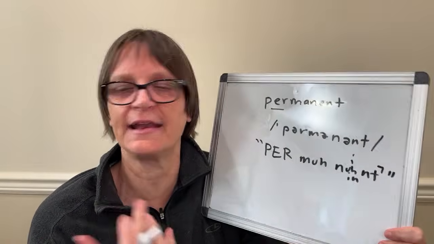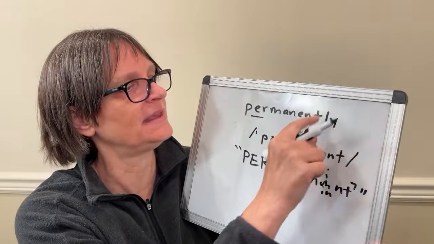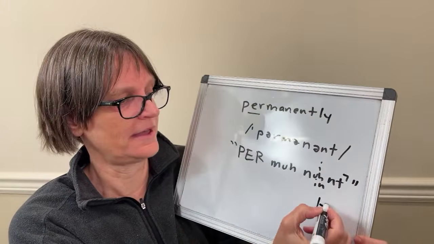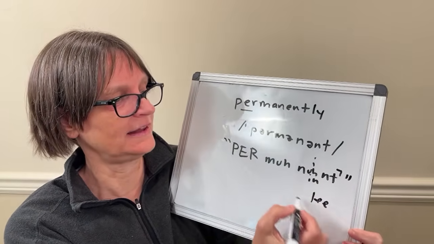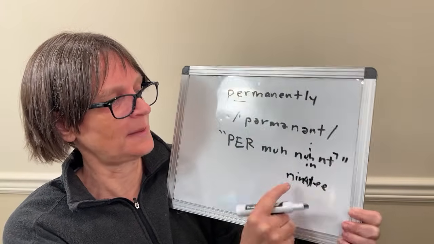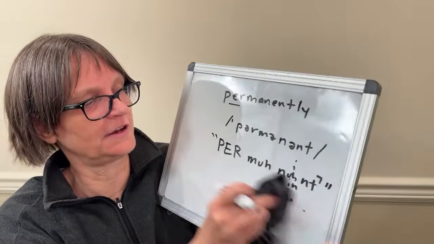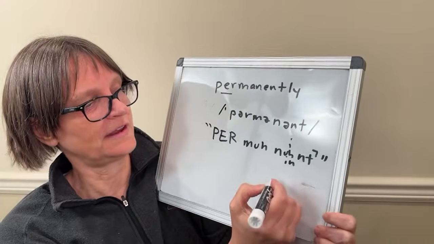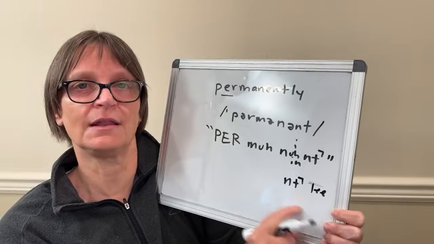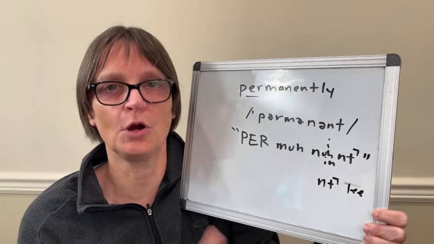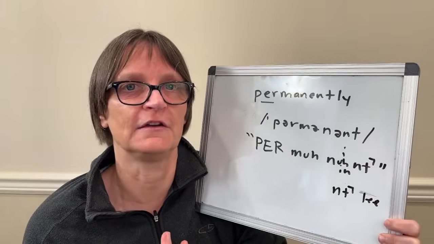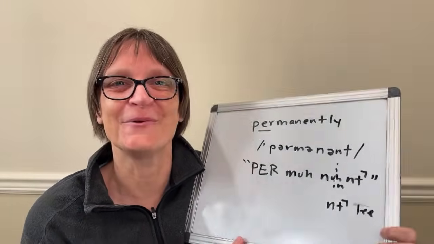And then adding permanently, because the T is followed by the L, that's where I'm not going to really hear that last T. So I'm going to hear permanent with a stopped T. Sorry, that is not very clear. You won't hear that T there. It's just going to be unreleased. So permanently. It was permanently changed. I hope that it's not permanently affected. Yeah, great words. Thank you for that.